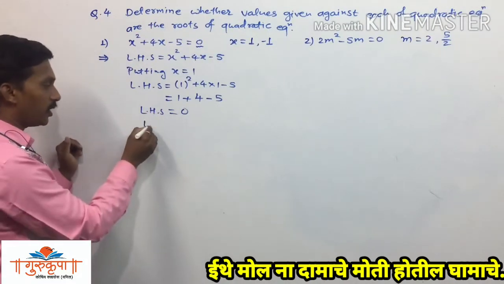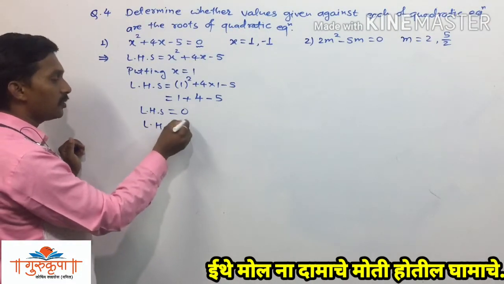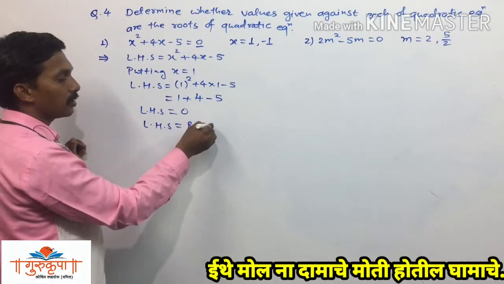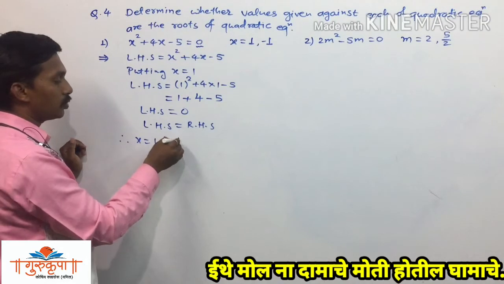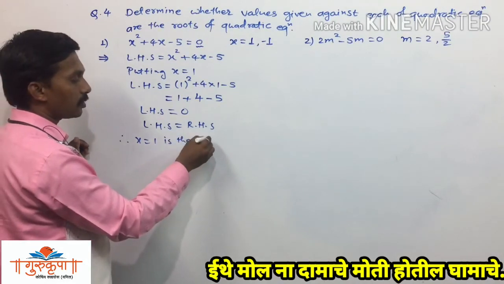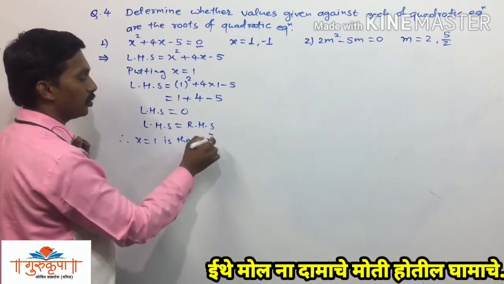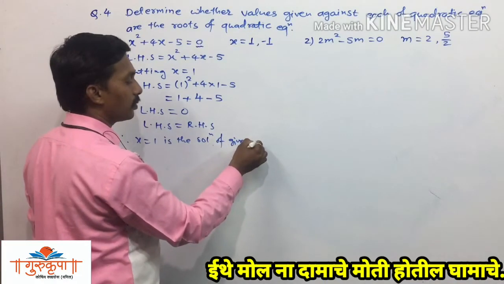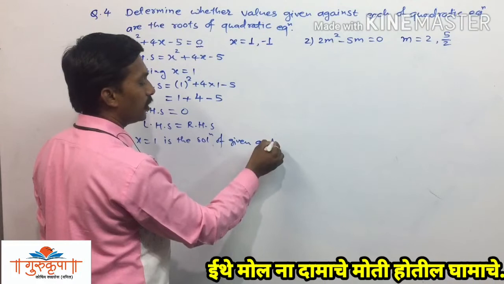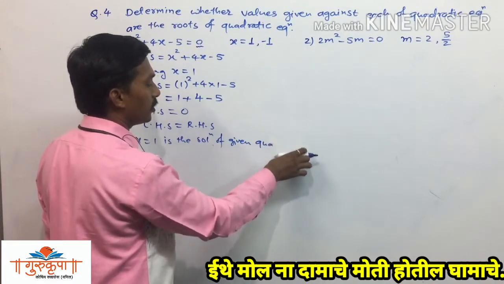Now you can write LHS is equal to RHS. Therefore we can write x is equal to 1 is the solution of the given quadratic equation.